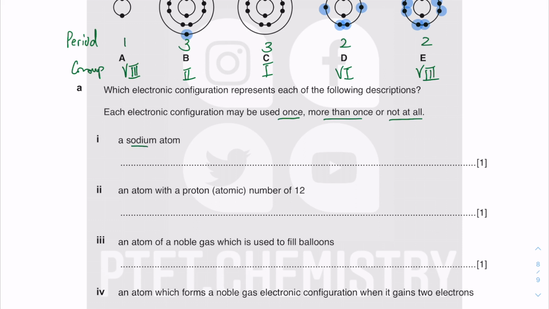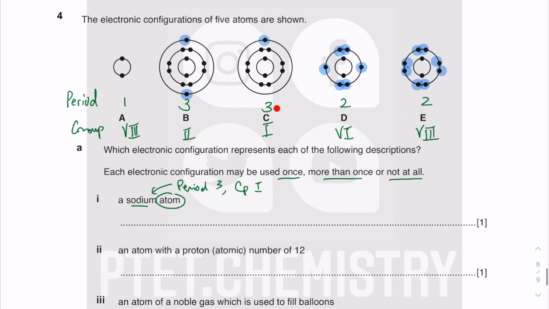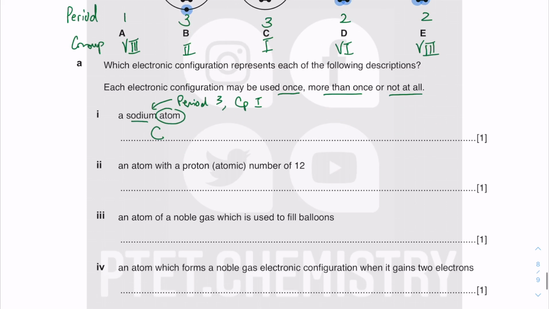A sodium atom. Sodium is in period 3 and group 1. If you look at your periodic table, you will see it's in the 3rd period and group 1, so we are looking at C. An atom with a proton number of 12. Atom means uncharged, and uncharged means number of protons equals number of electrons.